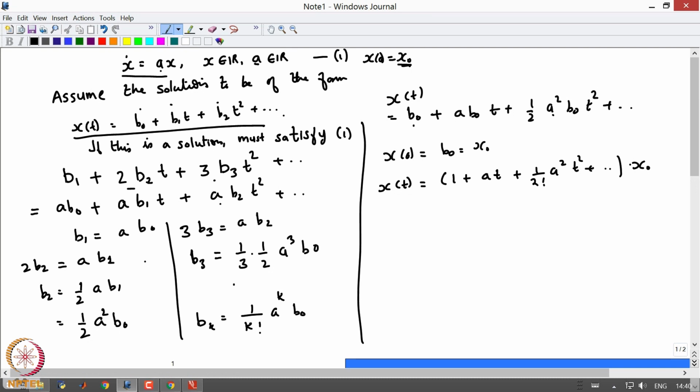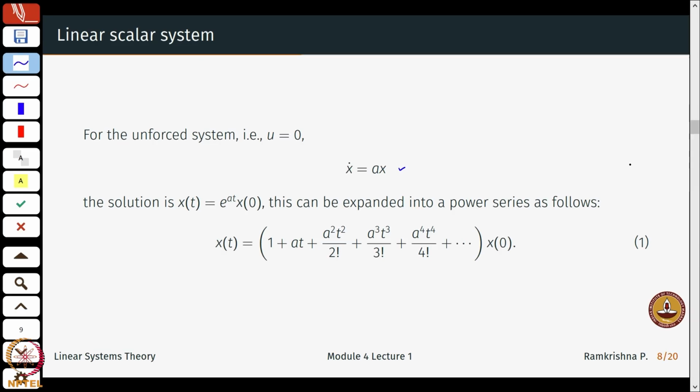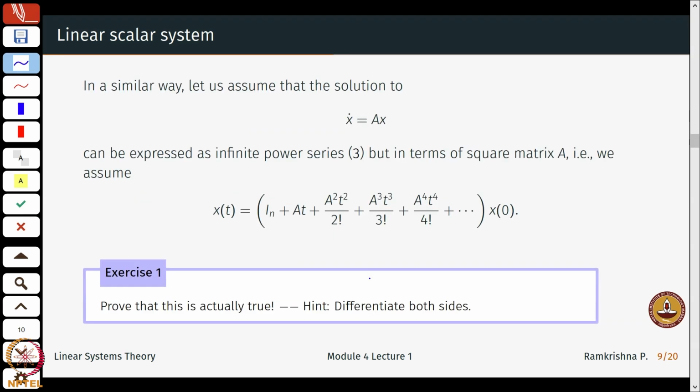So, that is what is happening here. The solution can be expanded into a power series in this form, and I know that this actually is e power a t. So, this we know. I am just constructing the solution in a slightly more natural way, the way one would do before we moved to closed form expressions for all these differential equations.